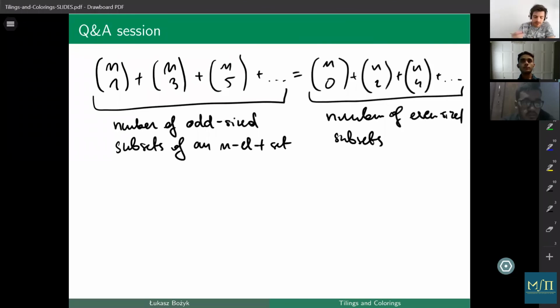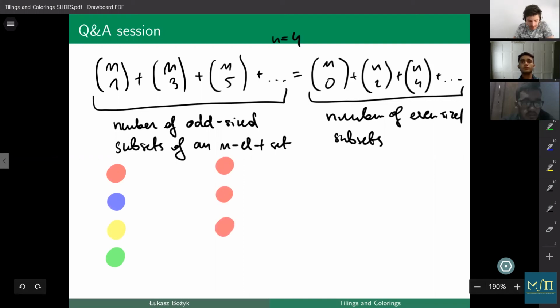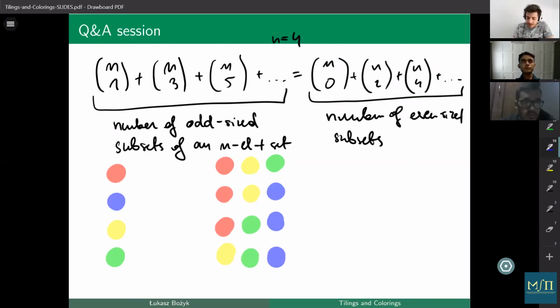Yeah, so for example, taking n equal to 4, because I have 4 colors, we have these odd-sized subsets. I'm trying to be visual. So for example, we have 8 such subsets, and here we have even size subsets.